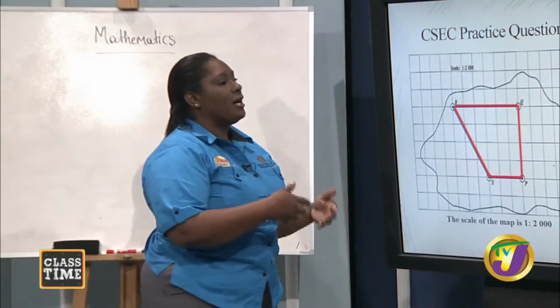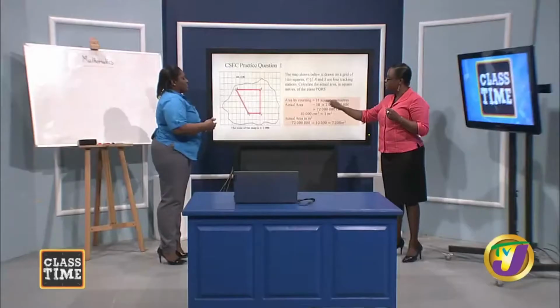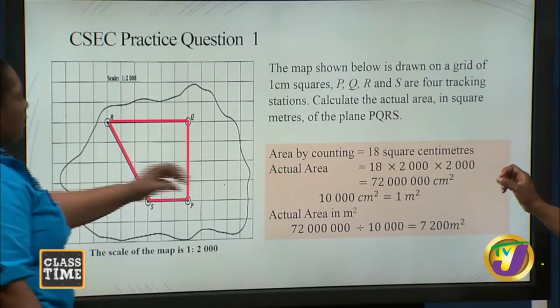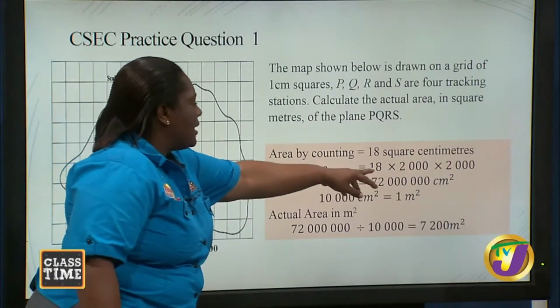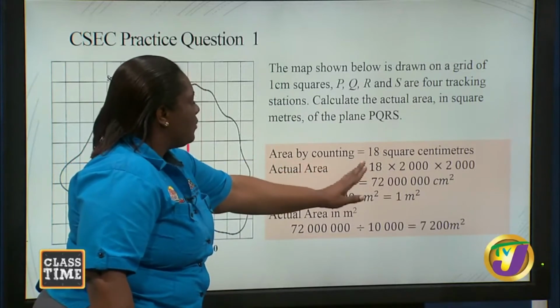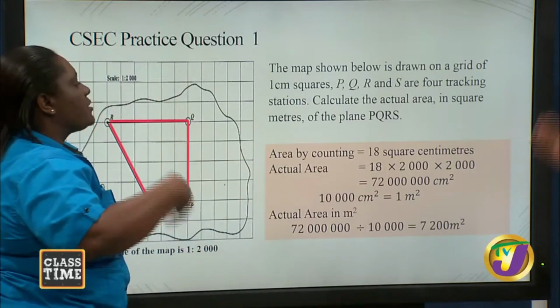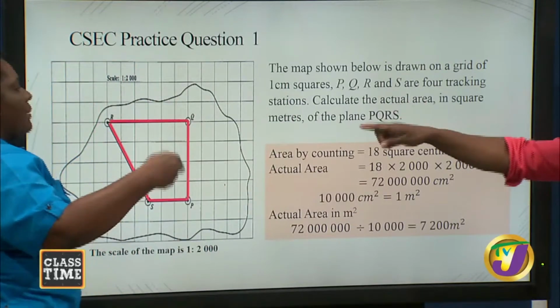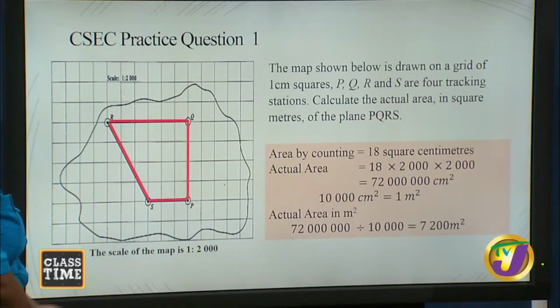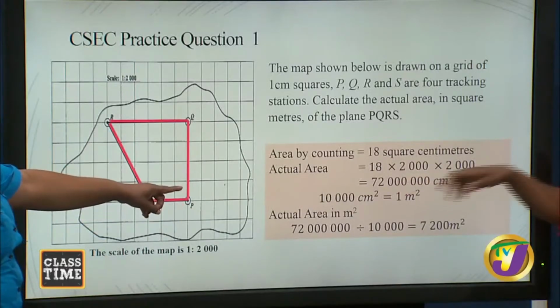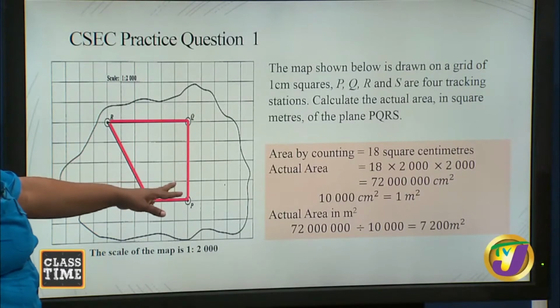So we're using the information from the counting of the squares to do our conversion. We end up with 18 right there, and we need to multiply the scale twice because we are squaring, multiplying it by itself.